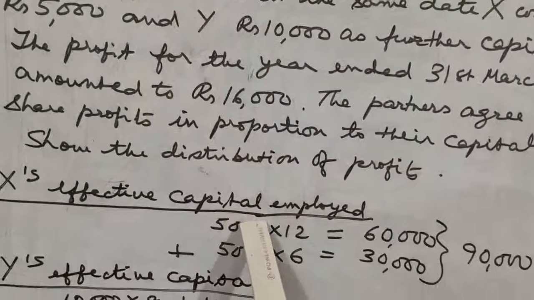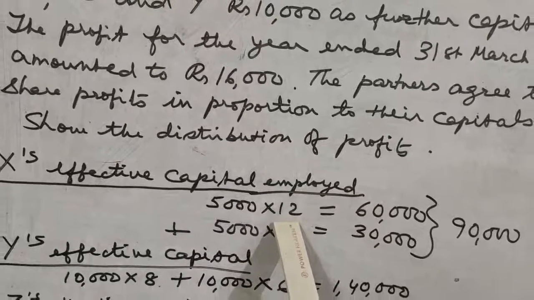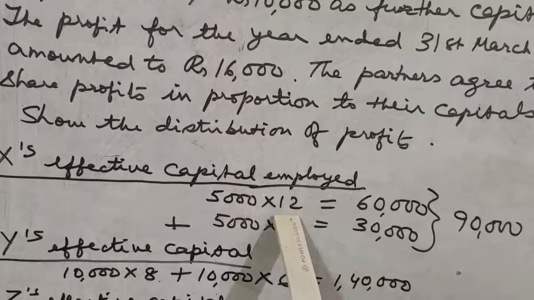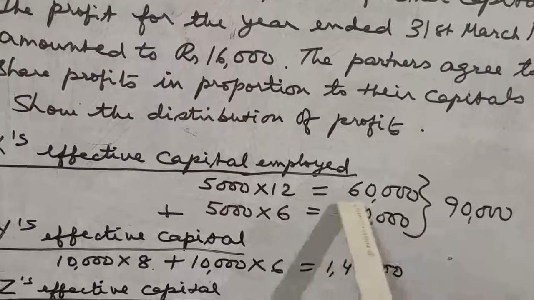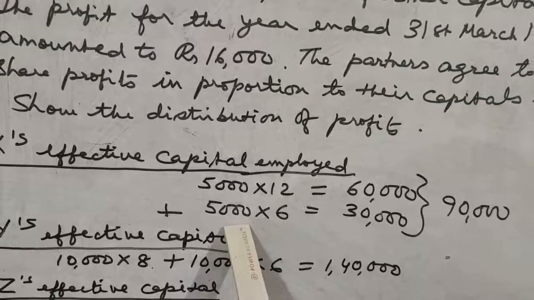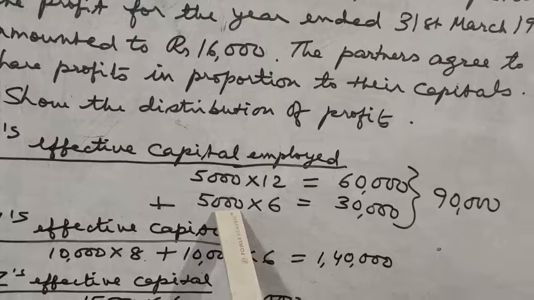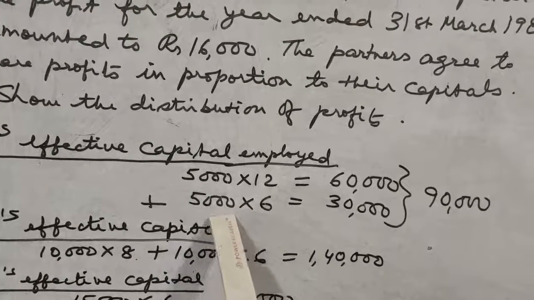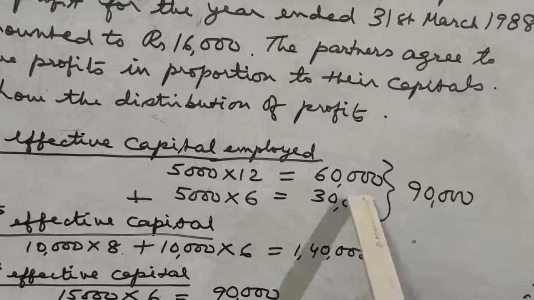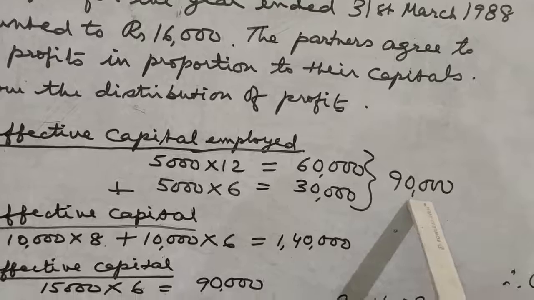So effective capital employed of X is 5,000 into 12, because 5,000 rupees he had employed for a period of 12 months, that is 60,000, and 5,000 rupees he put in as additional capital on 1st of October. So 1st of October to 31st of March, that is 6 months. So 5,000 into 6, 30,000. So total is 60 plus 30, 90,000.